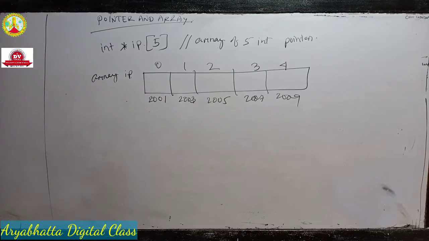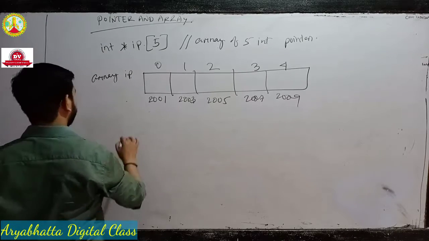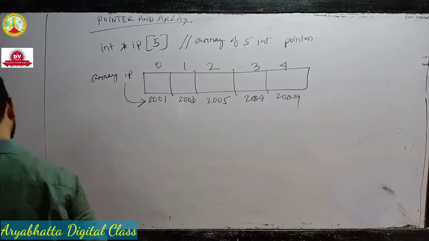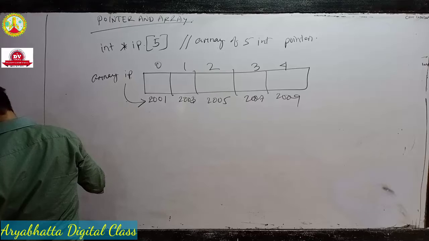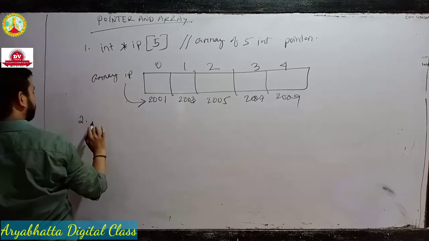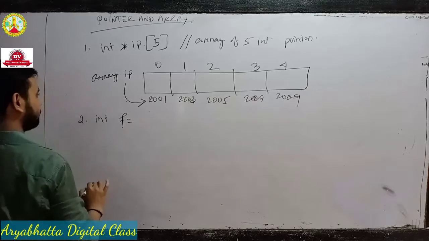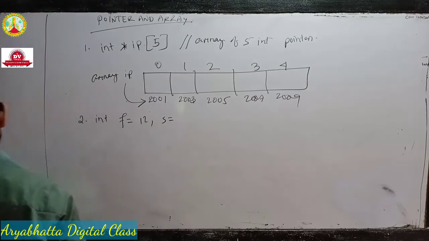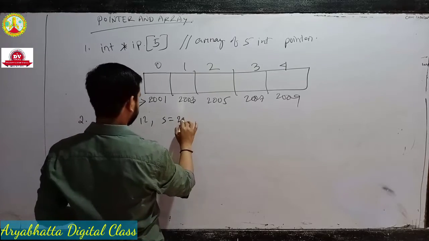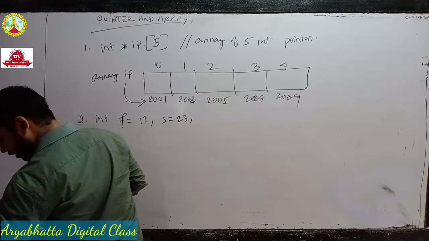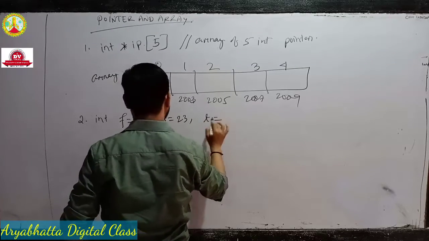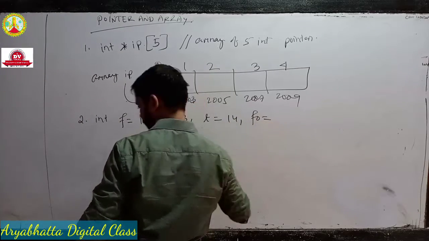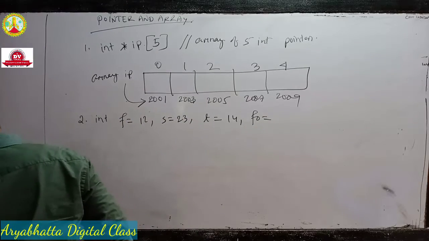So ip stores memory addresses, right? And this is one concept. Suppose int f is equal to 12, this is some integer variable. S is equal to 23, and the others are 14, 31 and 29.